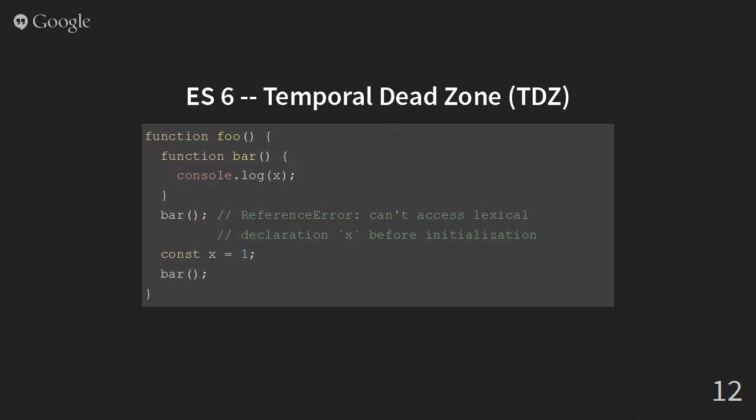But with consts and lets, I have an example here with const, but it works the same with lets. If you try to read the const or the let variable before you actually initialized it in the control flow of your program, you will receive a runtime reference error saying, I cannot access the declaration of X because it hasn't been initialized yet. This is much better than receiving undefined, because typically this is a bug in your code.